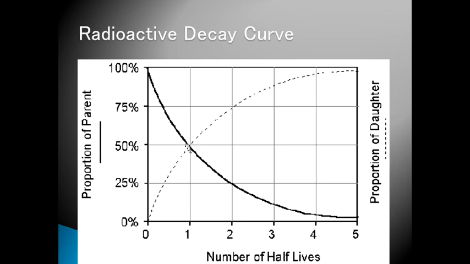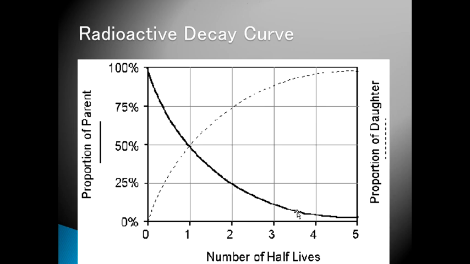Now, don't be mistaken and think, okay, 1 more half-life and the other 50% gone. So it's not 50%, then another 50%, it's 50%, half, and then half of that half. So half of 50 then is 25. Half of 25 is about 12 and a half.